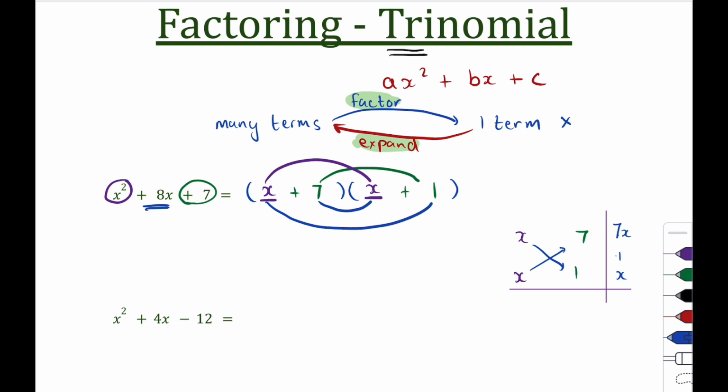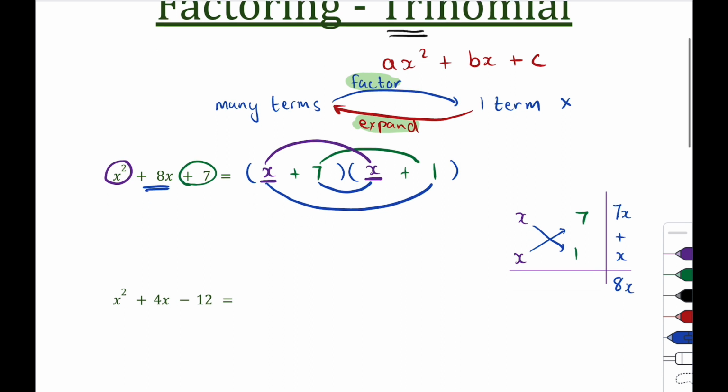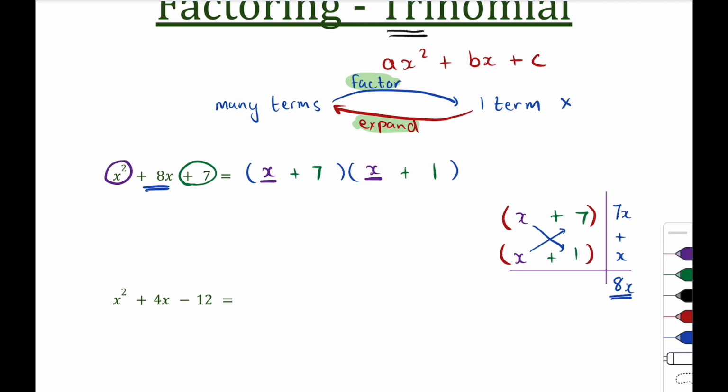Together I add up those terms and they will give me 8x, just like I was expanding. So if we can complete this diagram on the right, and I get 8x at the bottom, and these two factors are 7 and 1, and they make 7, I have my bracket. And where does my bracket come from? There and there. And we can see that our two brackets are done, and I have one term.